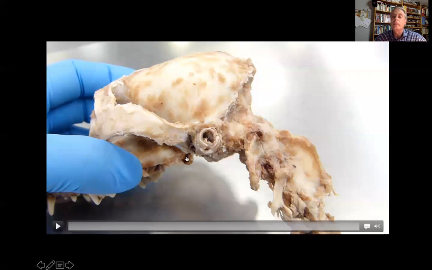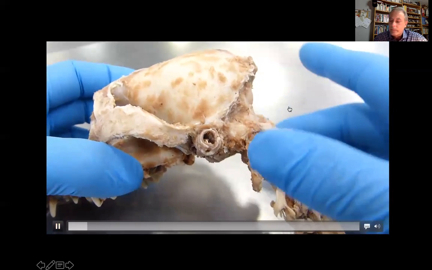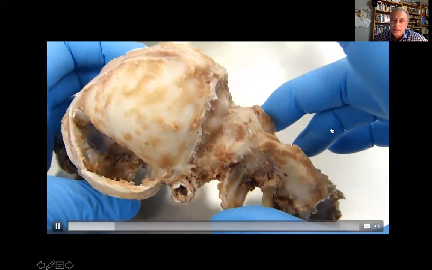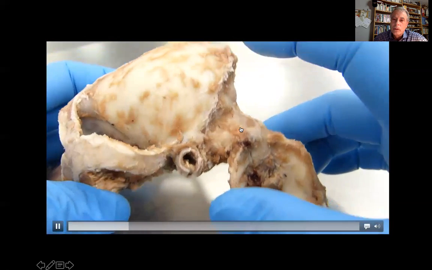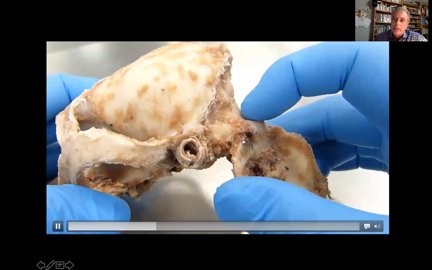And why is it important? Because it's the site where we do the CSF taps. When we do that, we locate where we want to do the puncture, okay, the CSF tap, here.